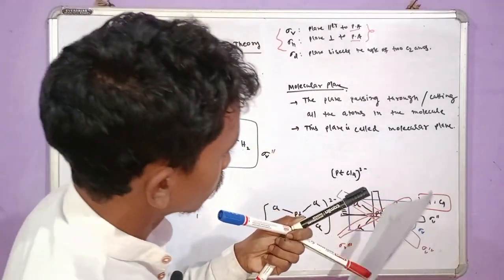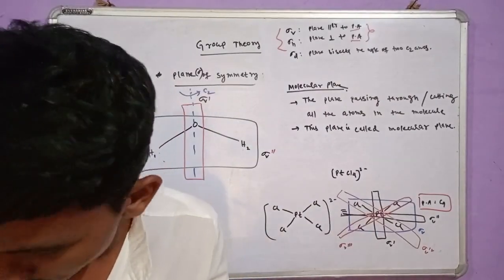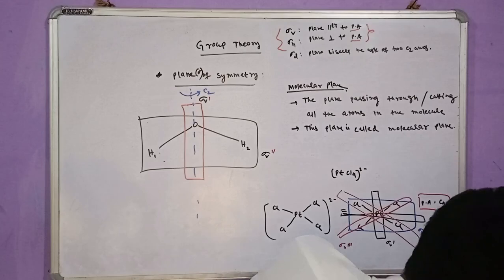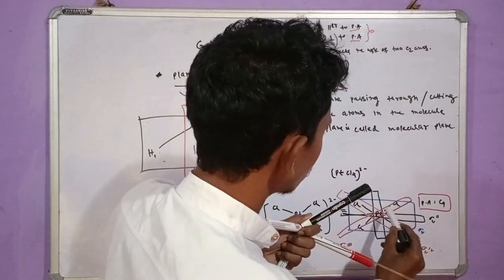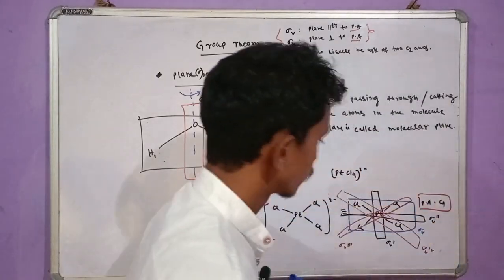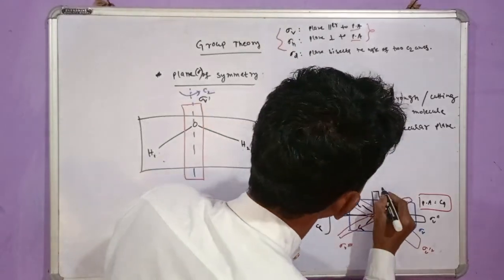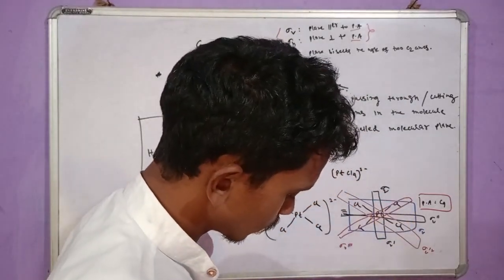So this plane is sigma v because it is parallel to the principal axis.